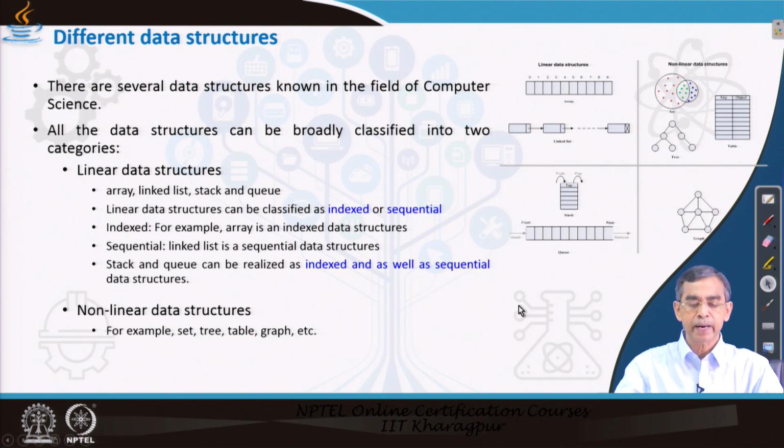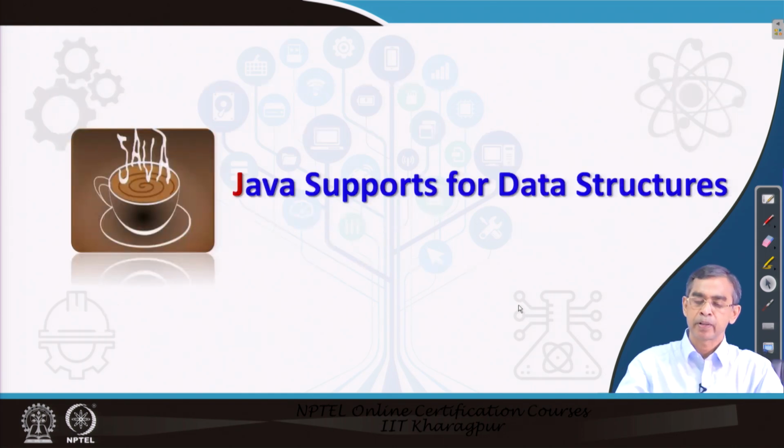So these are the different types of data structures, linear or non-linear. Linear can be indexed or sequential, and non-linear is non-linear on its own merits. Now let us see the Java support for handling all types of data structures. In this introductory lecture for the Java collection framework, we will quickly mention what the different supports are, and in our next few lectures, 3 lectures, we will cover each framework in detail.